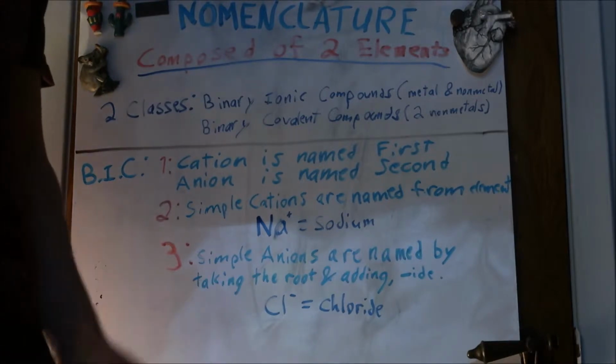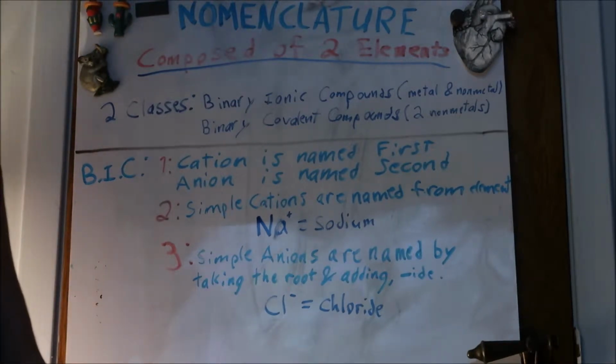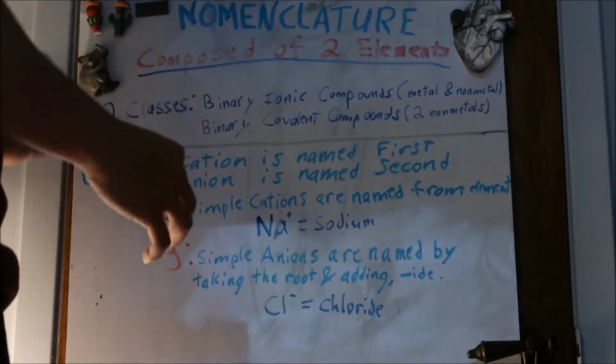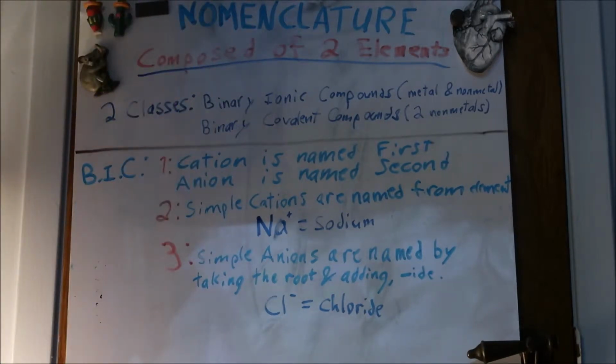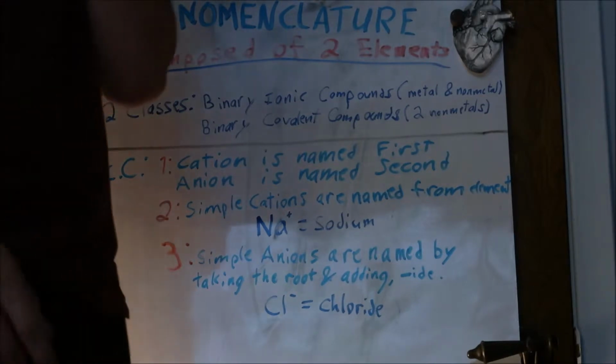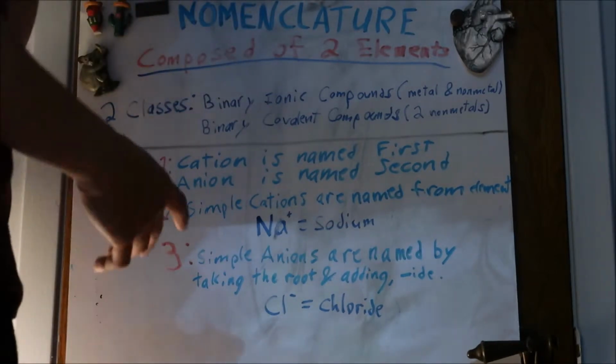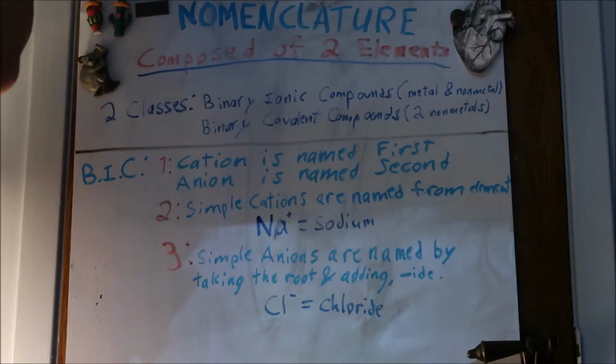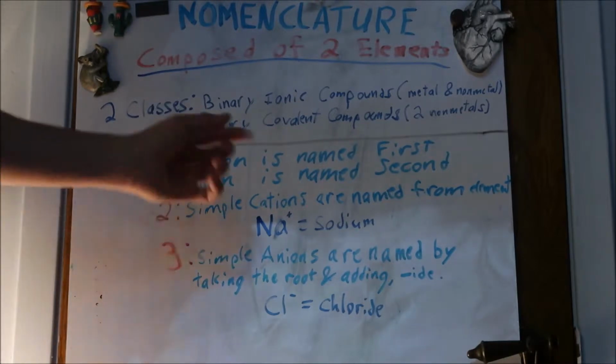The cations are generally on the left side of the periodic table. So the first four, technically, groups are cations, and then the next four groups are anions. So that's the first rule.